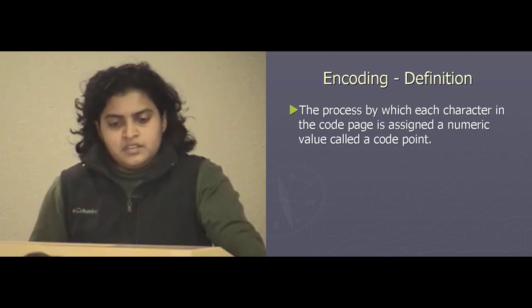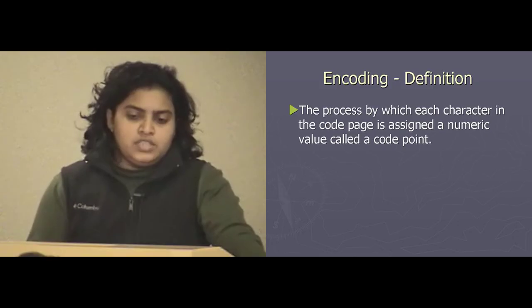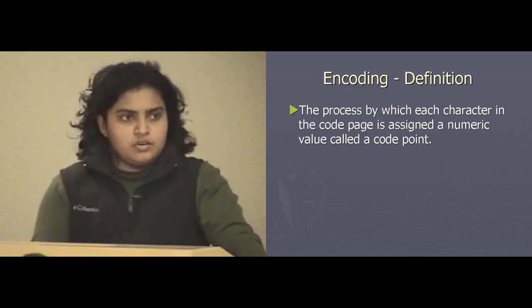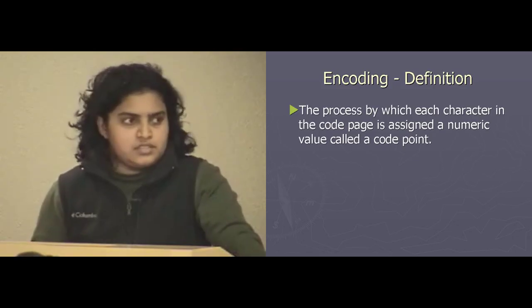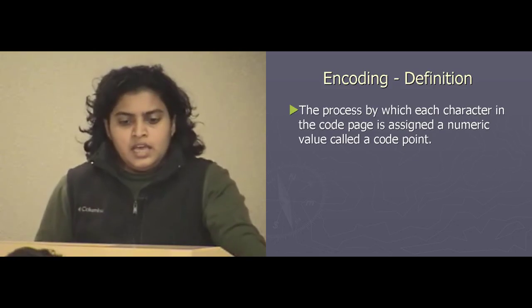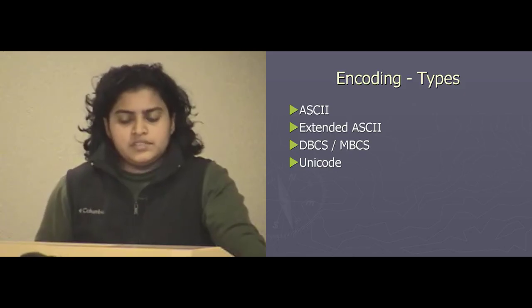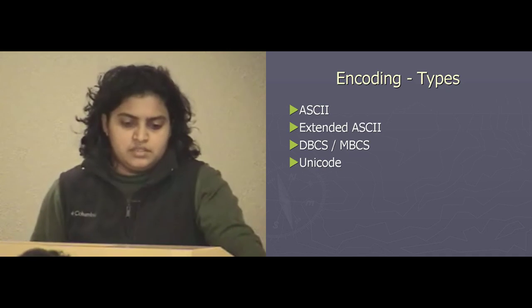So now you have the OEM and the ANSI code pages, and you need to map each of the characters in the code page to a numeric value, because the processor obviously understands only numeric values. That process is called encoding. The different kinds of encoding we have today are ASCII, extended ASCII, DBCS or MBCS, and Unicode.